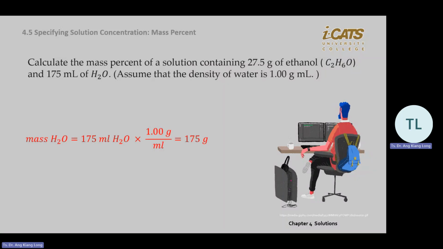Second example, you should be able to do. You're asked to find the mass percentage of a solution containing 27 grams of ethanol and 175 ml of H2O. Assume you're given the density, you should be able to convert density and volume into grams. How do you find mass using volume?